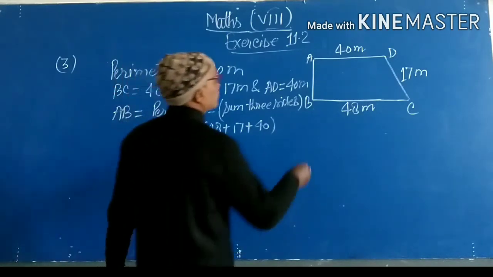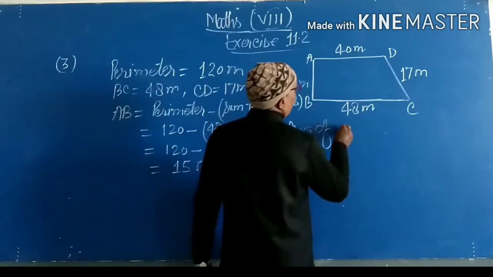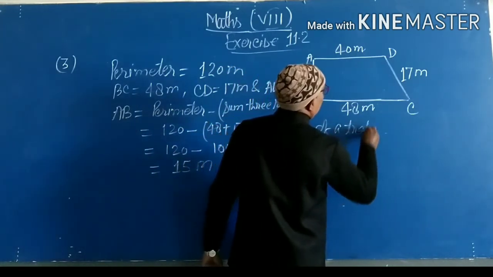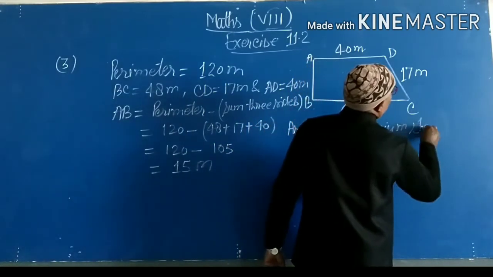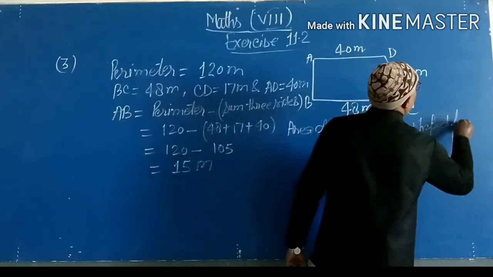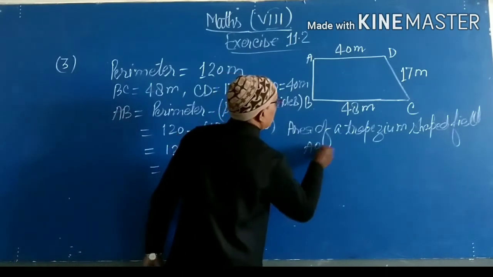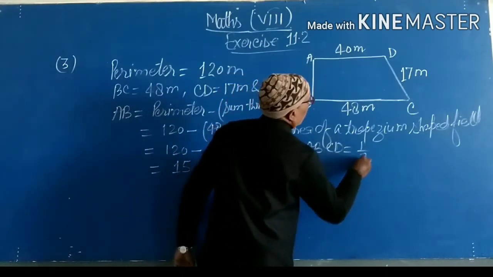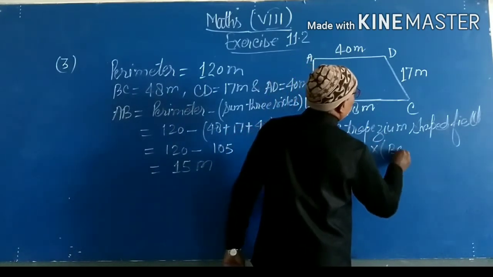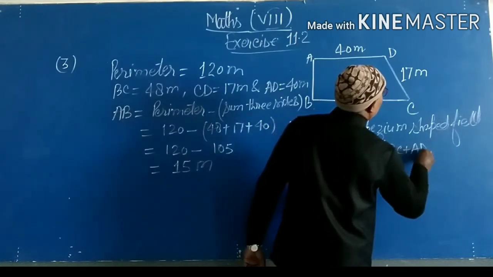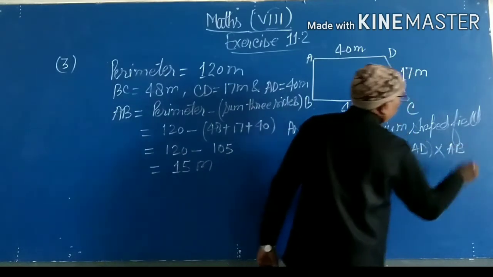Then you find out area of trapezium shaped field ABCD is equal to 1 upon 2 into sum of parallel sides, means BC plus AD, into distance between them, that is AB.